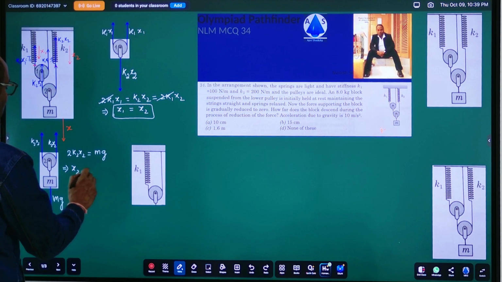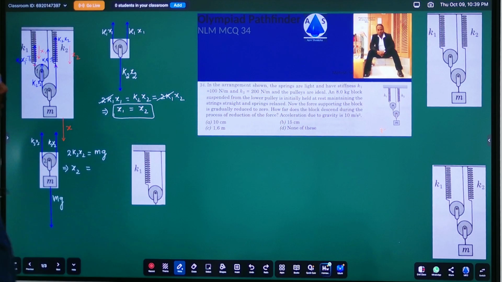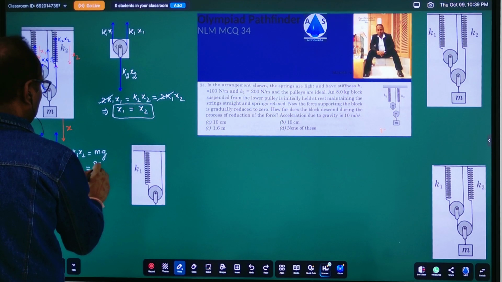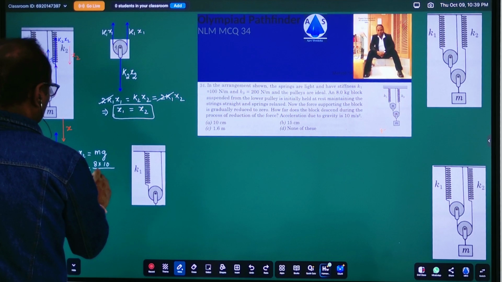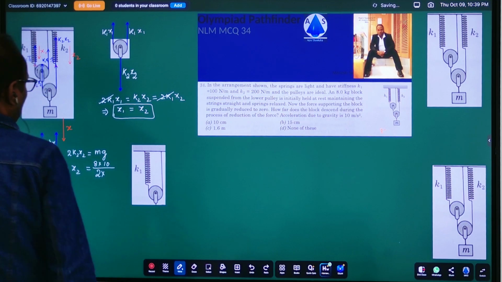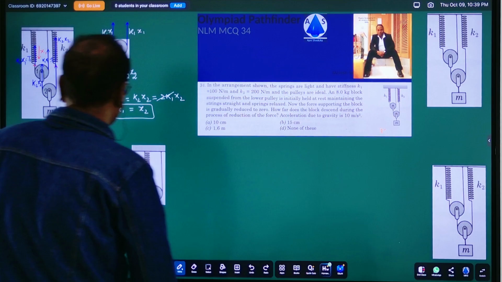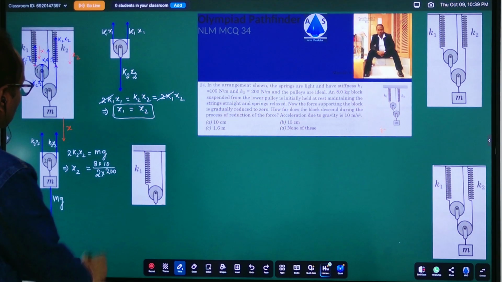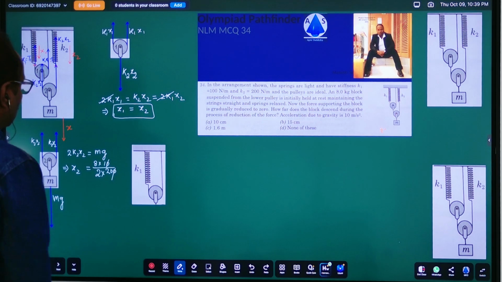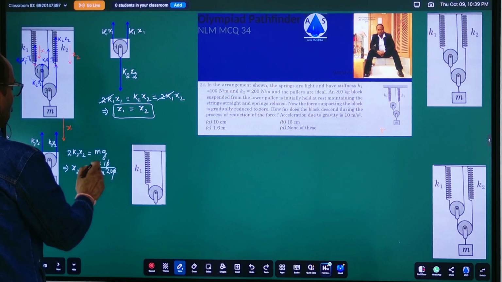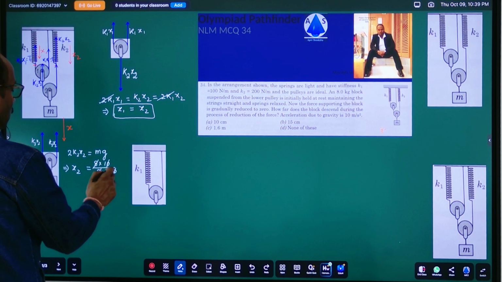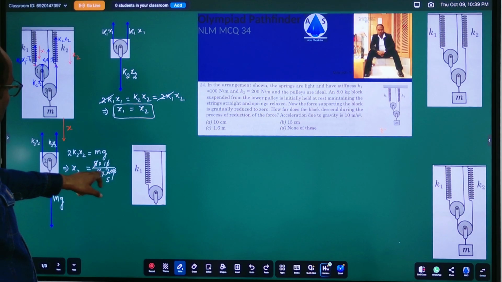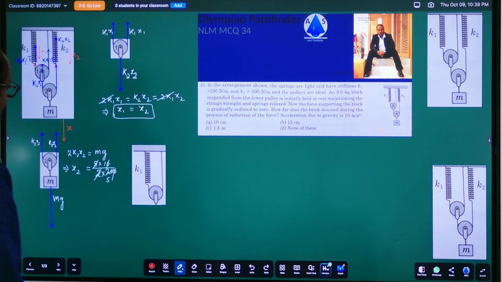So your X2 will be M into G divided by 2 K2. How much is M? 8. How much is G? 10. K2 is how much? 200 Newton per meter.